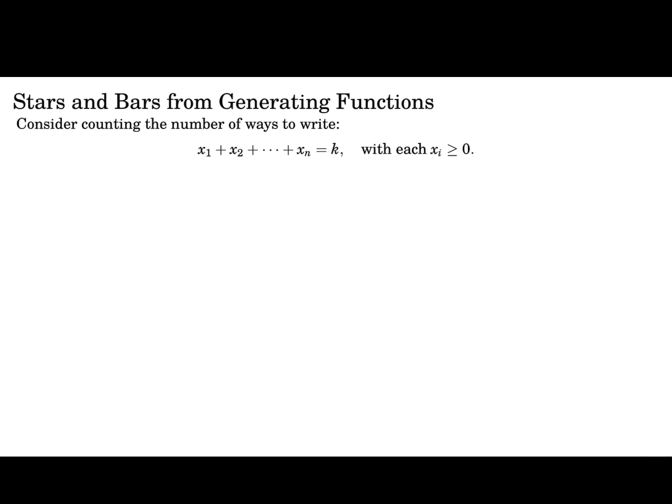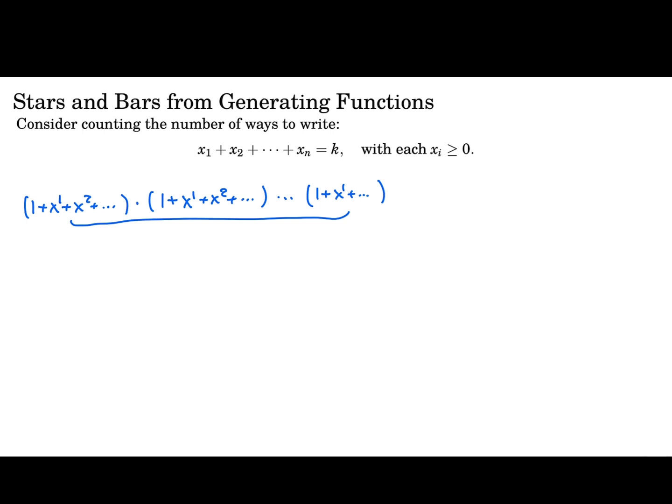Consider a polynomial counting the amount of cookies that the first child has, and you multiply this by a polynomial giving the generating function for the amount of cookies that the second child has, and so on. And you do this for all the children, so essentially you have n multiplications going on here.